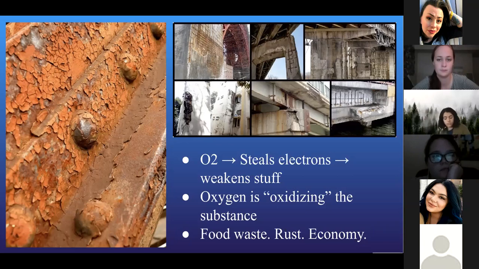When we've got things like the corrosion of bridges, even the rebar inside buildings, if they're exposed at all to oxygen, that leads to rust, which can lead to collapse. So the global economy, aside from food waste alone, aside from explosions that happen, even with the recent SpaceX launch, there's a problem because an oxygen tank exploded. So the global economy is even tied to the adverse effects of oxygen.